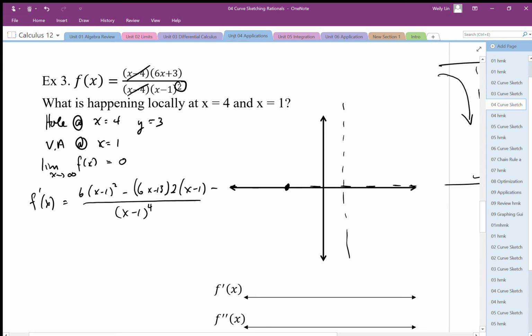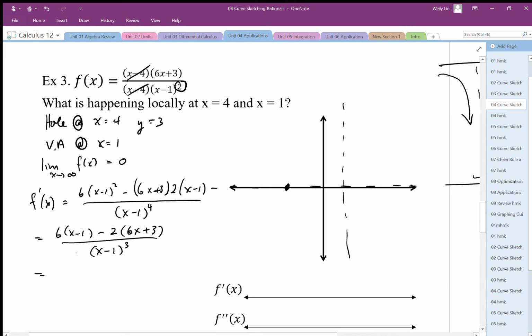Okay, so I can get rid of some of those factors. So I end up with 6 times x minus 1, minus 2 times 6x plus 3, over x minus 1, and we're going to have to reduce that power by 1.